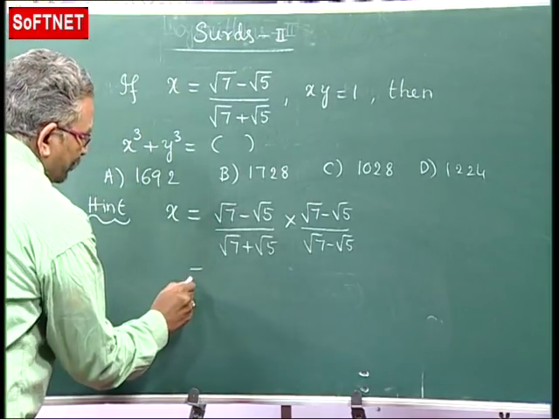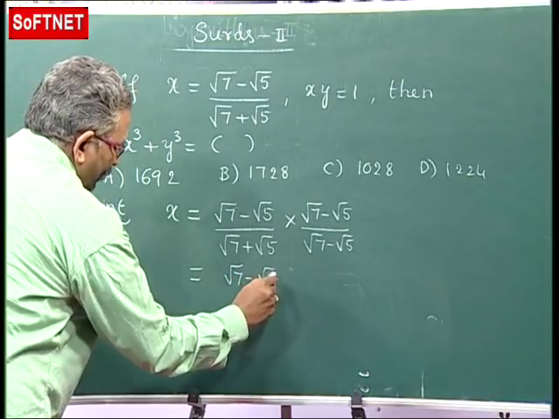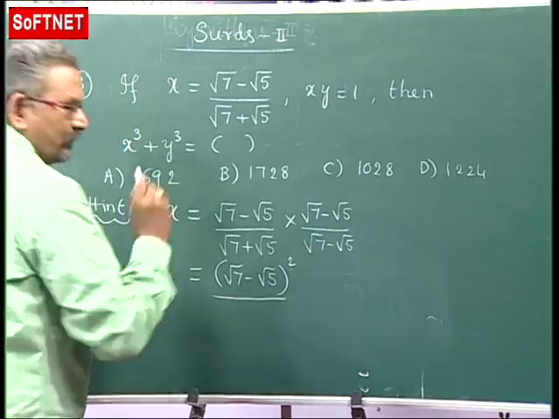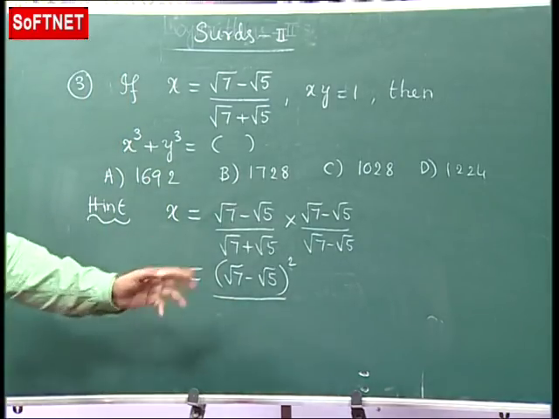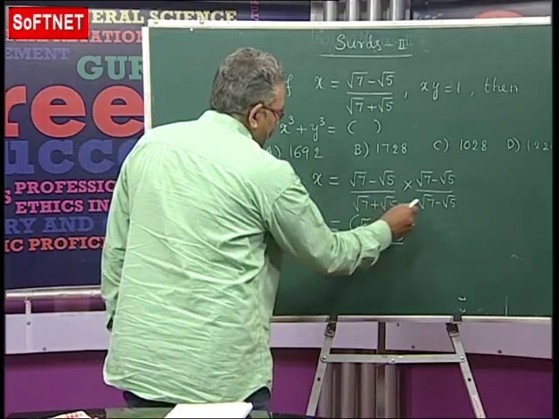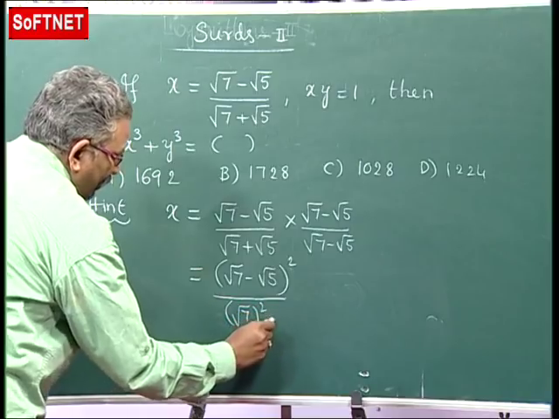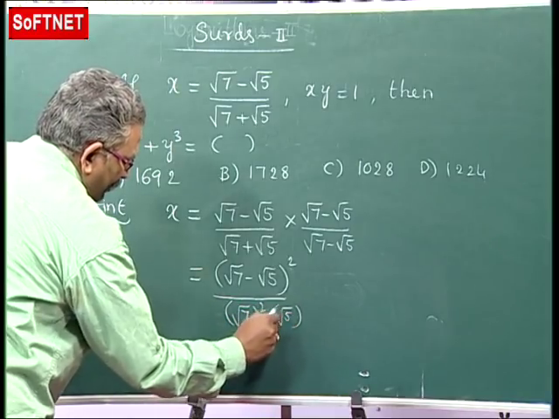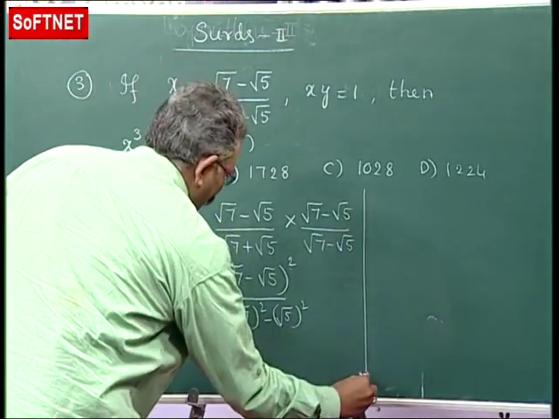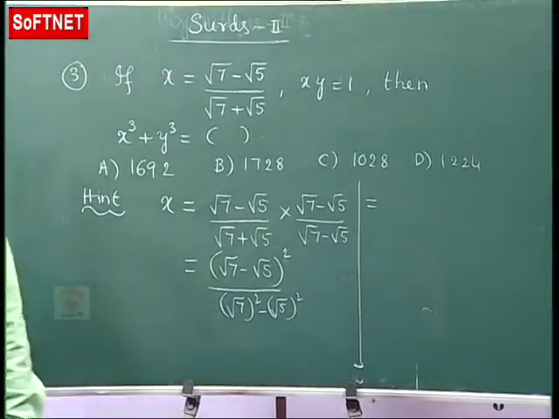So now here we get root 7 minus root 5 whole square, okay, same only, a minus b into a minus b, whole square. This is a plus b into a minus b, root 7 square minus root 5 square. Now we get, this is equal to the a minus b whole square concept.